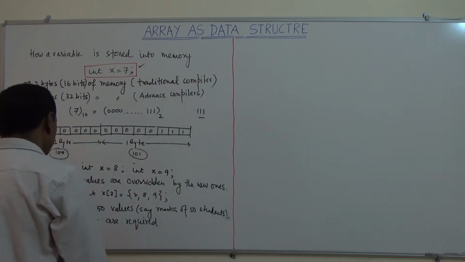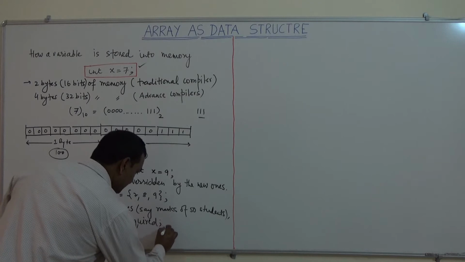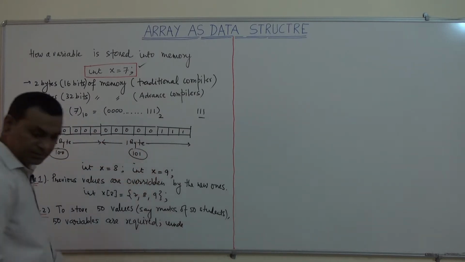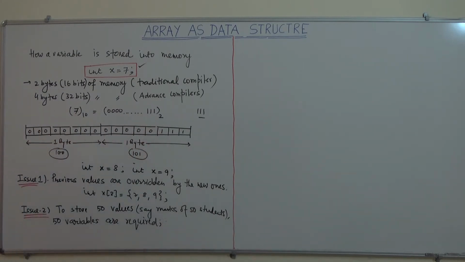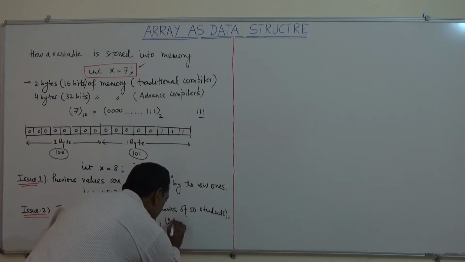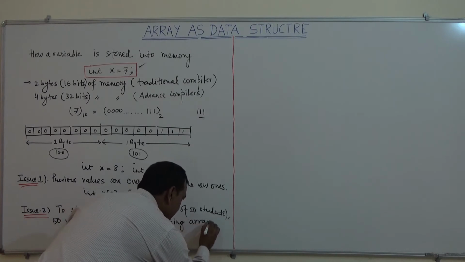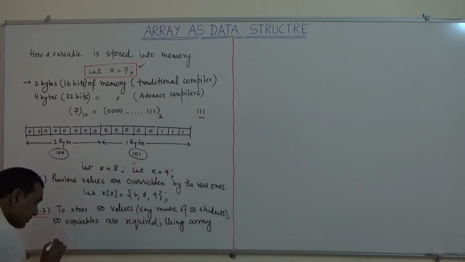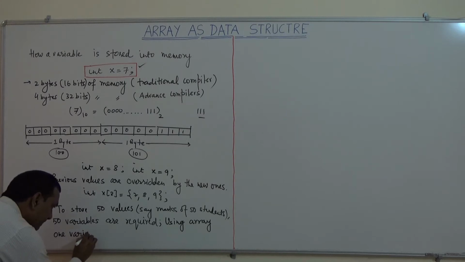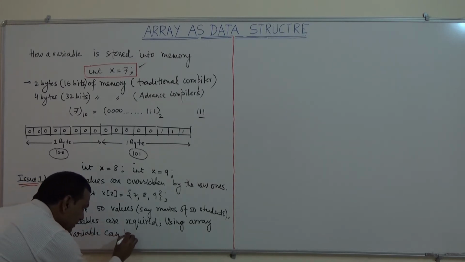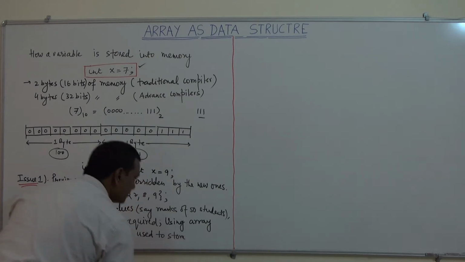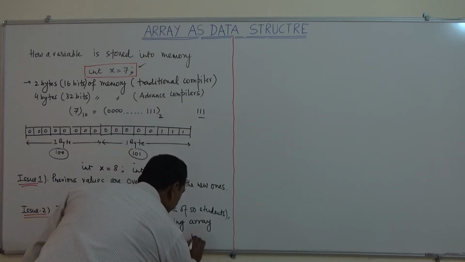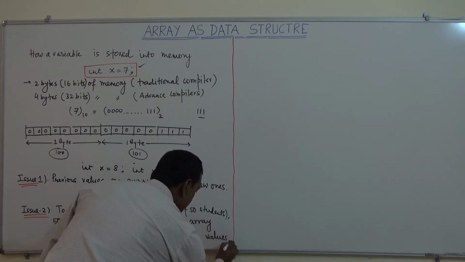But using an array, one variable can be used to store 50 values.